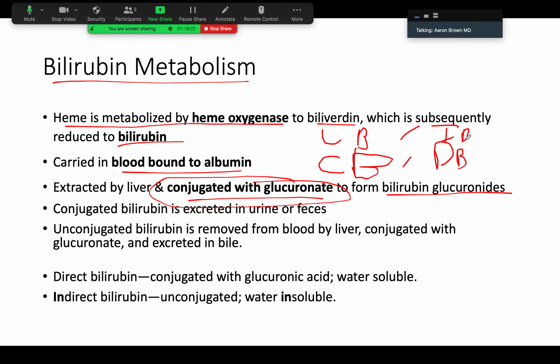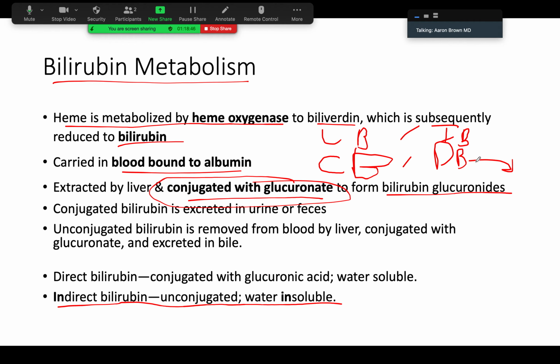Okay, but in either case, the important distinction between these two is that direct bilirubin can be easily extruded through the bile system, whereas indirect bilirubin is going to precipitate and not go anywhere. Okay, indirect bilirubin is unconjugated and water insoluble. It's going to precipitate and cause problems.